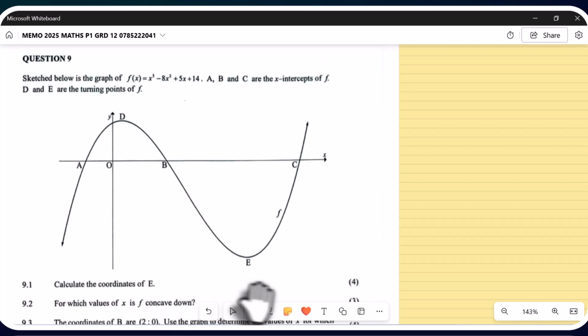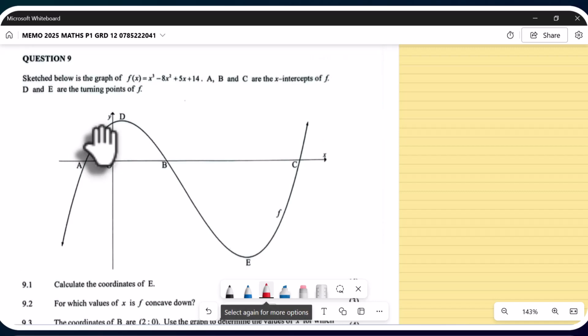Now our E is a turning point, as well as D, and we know that as long as we have the equation for the function, to get our turning points, what do we normally do? We differentiate and equate to 0. Why? Because at this point here, our gradient is positive, so our derivative is positive. Going from here, the gradient is positive.